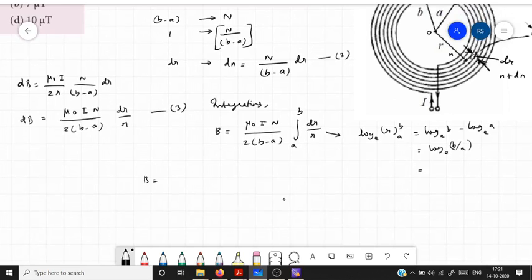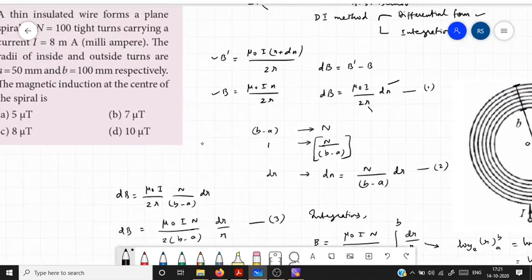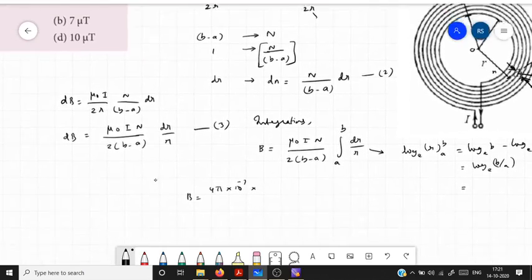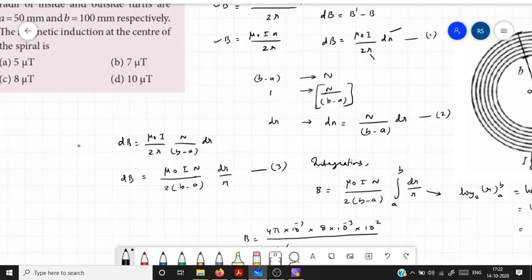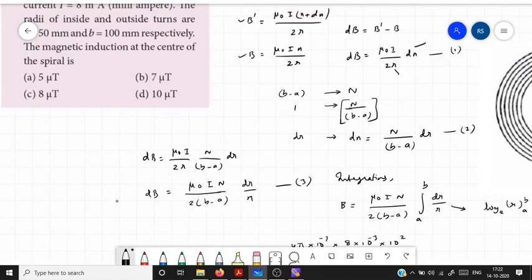B is therefore equal to mu naught's value, which is 4 pi into 10 power minus 7. The current given here is 8 milliampere, so 8 into 10 power minus 3, since milli means 10 power minus 3. Number of turns is 100, so I will put it as 10 power 2, divided by 2 into the outer radius, which is 100 mm, minus the inner radius, 50 mm.